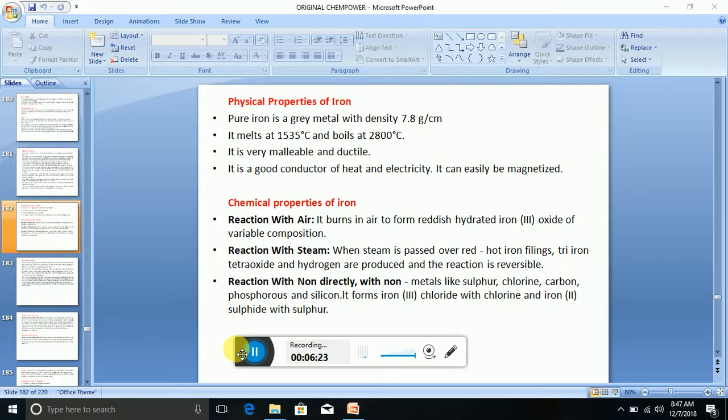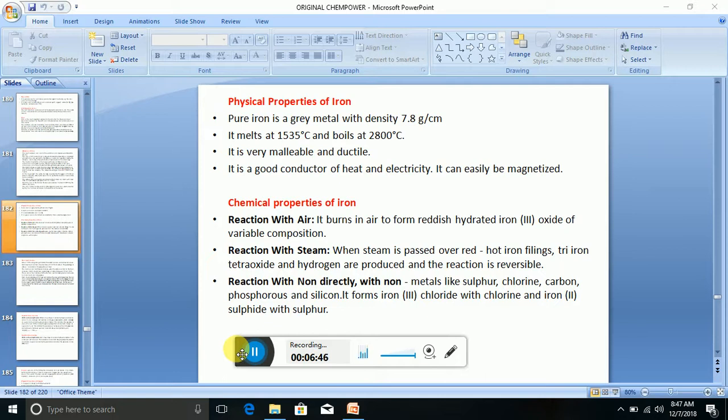Chemical properties of iron. Reaction with air. It burns in air to form reddish hydrated iron(III) oxide of variable composition.